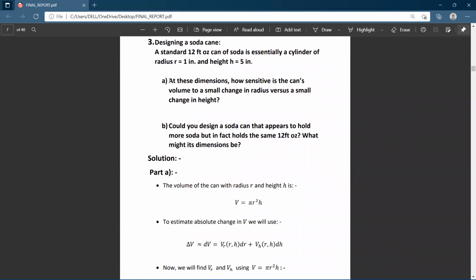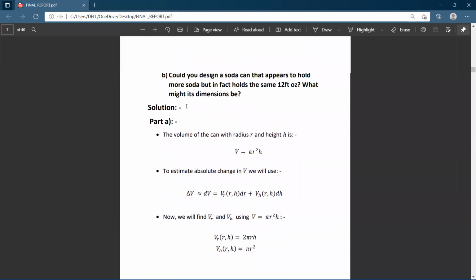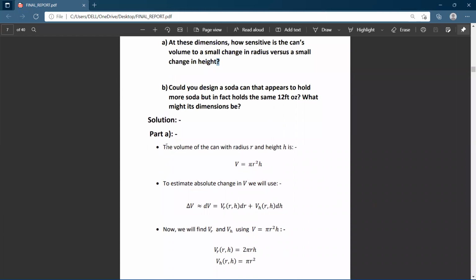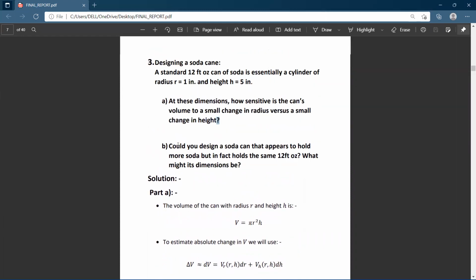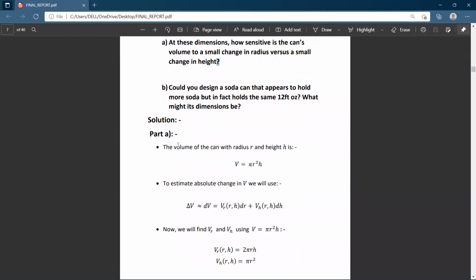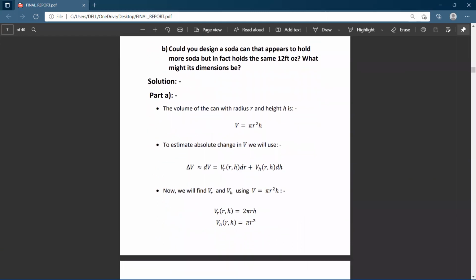Now at this dimension, how sensitive is the volume to a small change in radius versus a small change in height? So first we will find the volume of the soda can. A soda can is nothing but a cylindrical shape. So I find the volume of the cylinder, which is pi r square h.